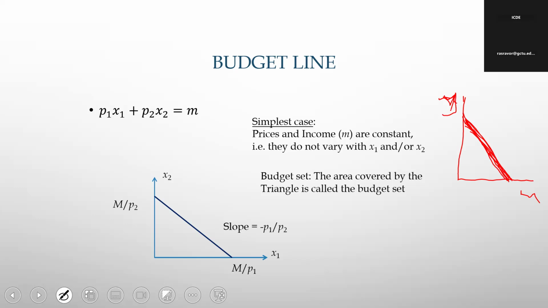Right. Now look at this carefully. I have two goods. I have an income. Let's say I have 100 cedis. I want to buy two goods. X1 is maybe a pen. X2 is maybe a pencil.